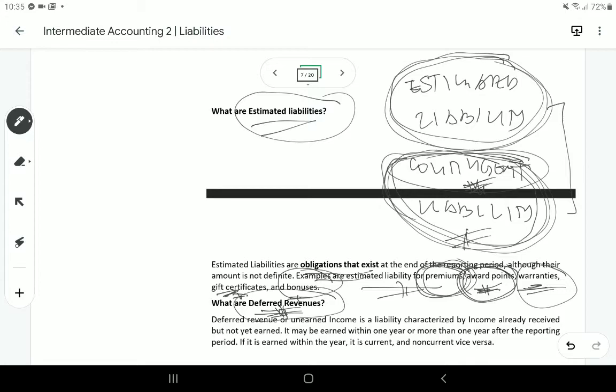So it is our liability. Okay? So basic concept lang. If it is to be earned within 1 year, then it is current. If it is to be earned more than 12 months from the date of reporting, then vice versa, it is non-current. Okay?